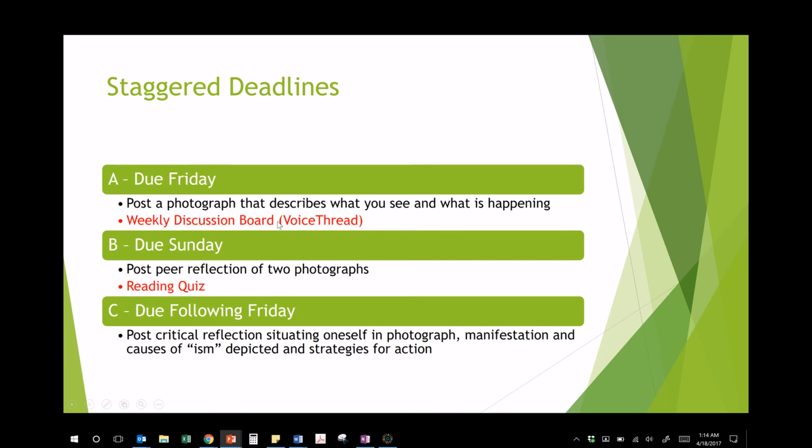So if students were studying racism, for example, they might talk about their racial identity and experiences of discrimination growing up. The hope was that this would allow them to reflect enough to identify an opportunity in their environment to photograph. That Sunday, they were to complete the reading quiz.